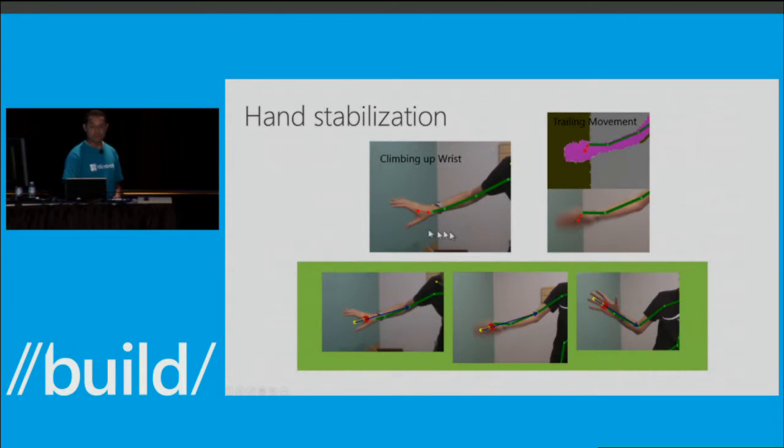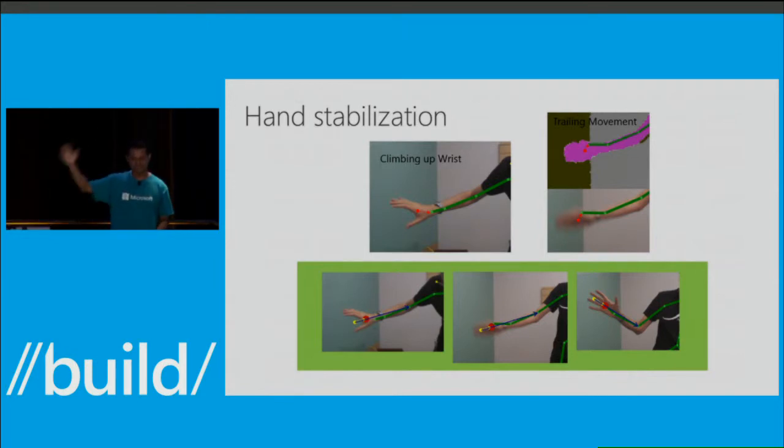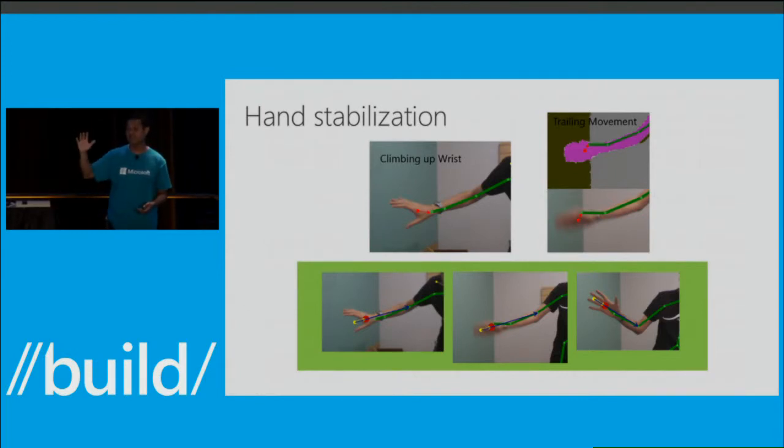One of the problems is, sometimes depending on the position of your hand, it tells you the hand position is near the wrist, not exactly where you would think it is the center of the hand. And the other is, when you move your hand, it blurs. And then the skeletal tracking gives you a position of the hand that sometimes is very wrong.